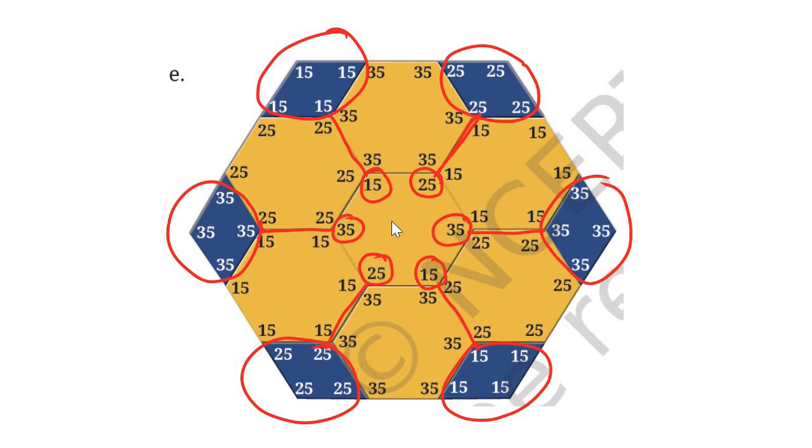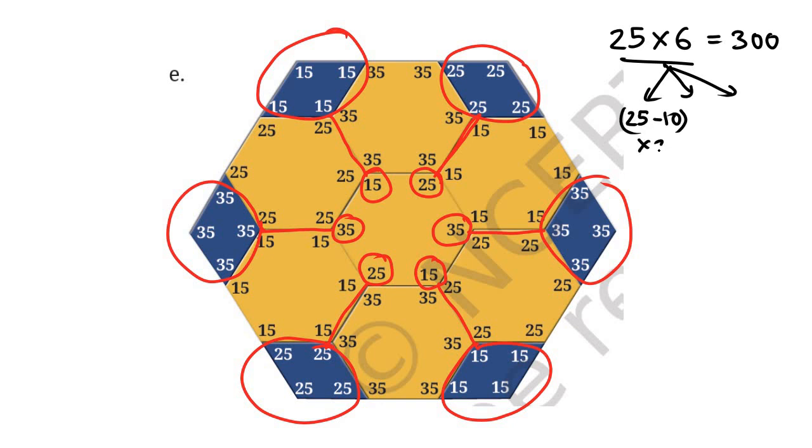Interestingly, if you look at the sum of this hexagon, the central one, the value is basically 25 into 6, which is 300. How do you say this? This 25 into 6 is broken down like this: 25 minus 10 into 3, then 25 into 3, and then 25 plus 10 into 3.